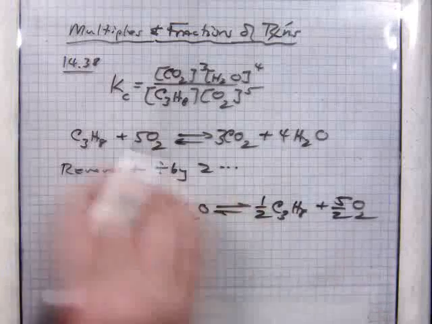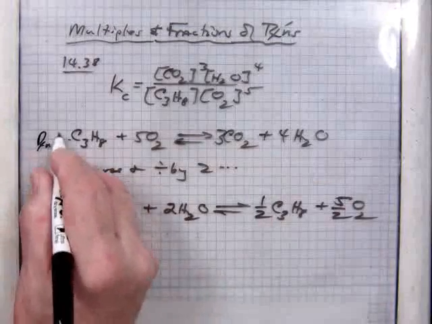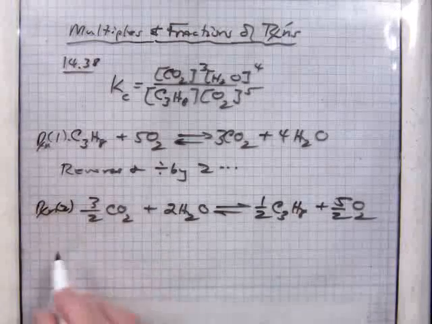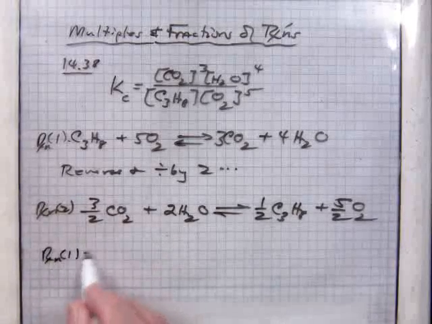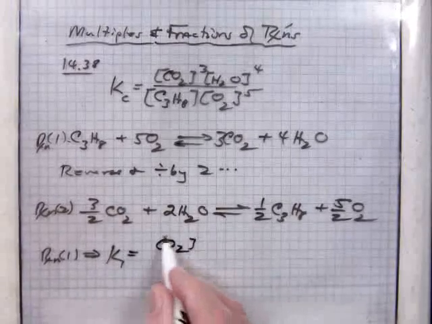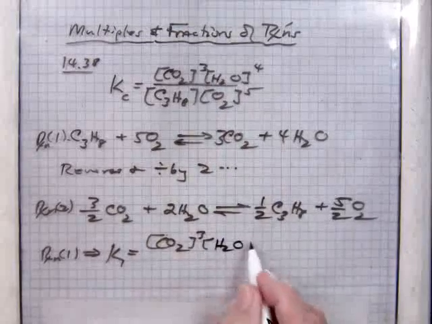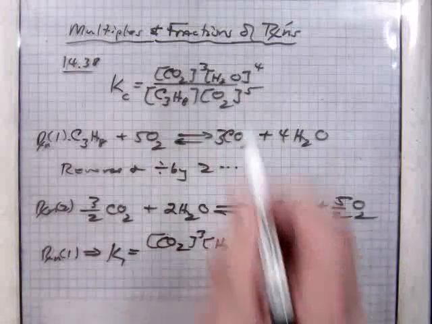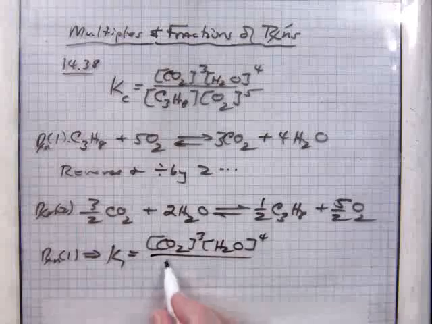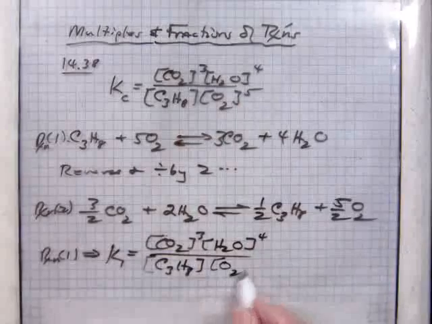So when you write this one, say reaction 1 versus reaction 2, what do you get? Okay, reaction 1 gives a K1 equal to CO2 cubed and H2O to the fourth power, divided by C3H8 and O2 to the fifth.